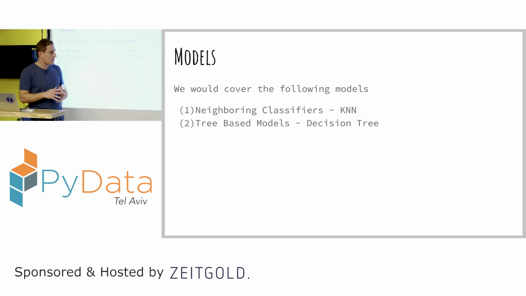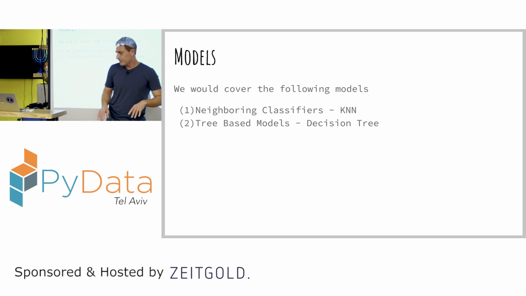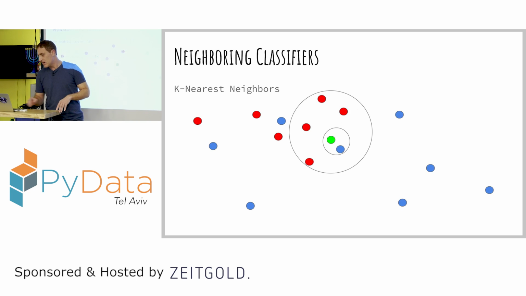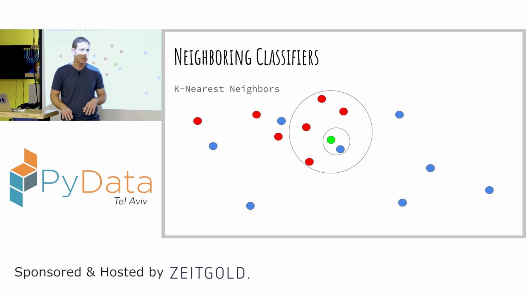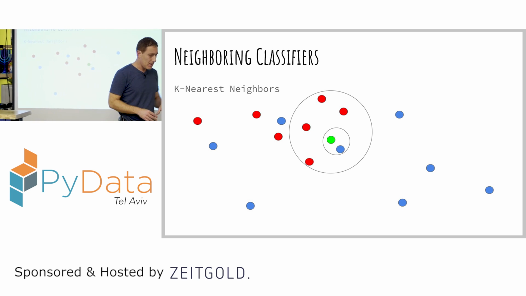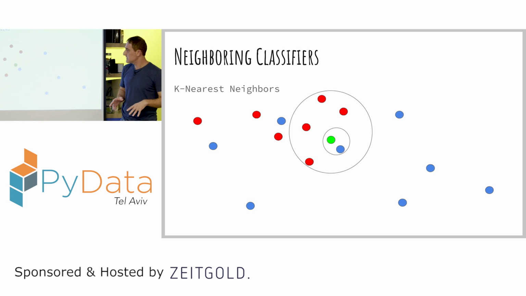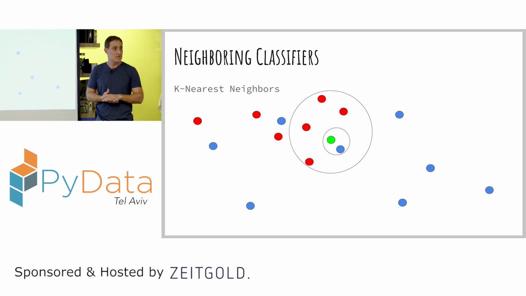Okay, models. We're talking about models. Two models we're going to cover. These are very basic models. The first one is K nearest neighbors. Supervised.